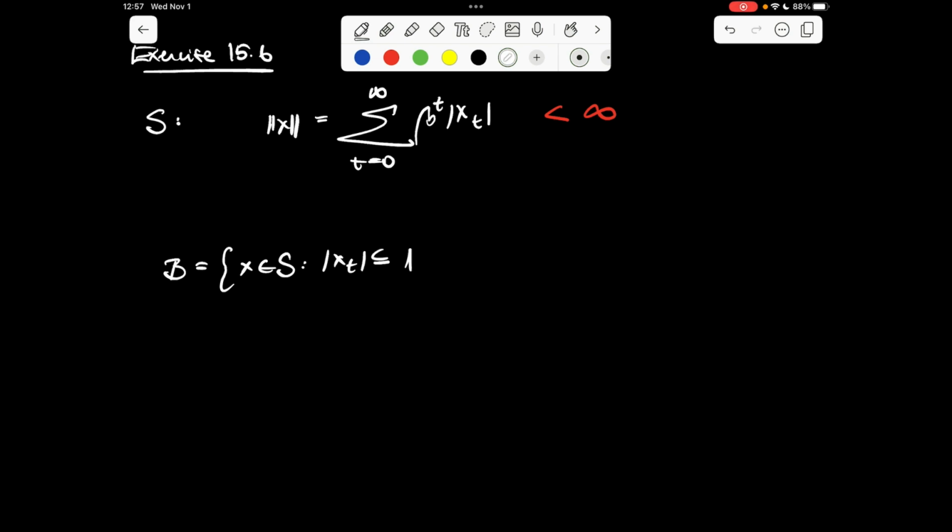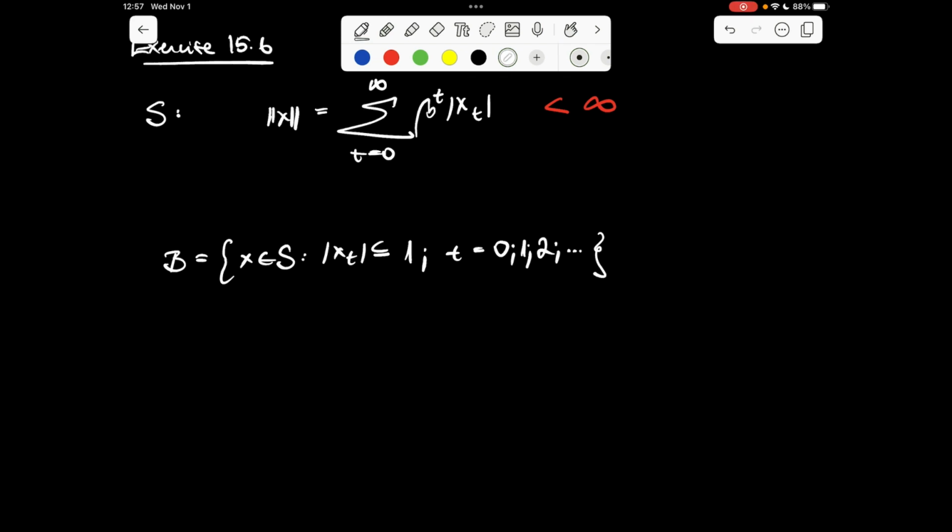Simply put, it is the unit ball in the space of infinite sequences. Okay. So set B consists of infinite sequences which lie in S, but the elements of which are not greater than 1. Let's have a point in S. This is theta, the 0 sequence.